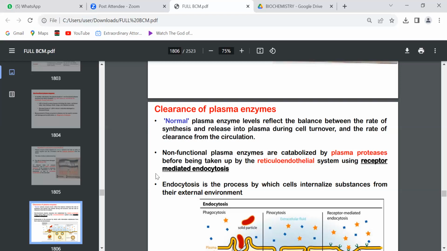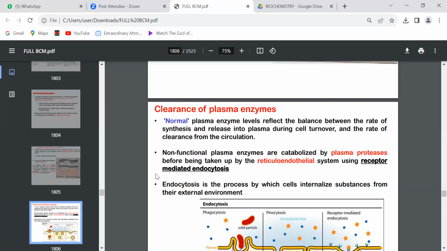For clearance, the non-functional enzymes are catabolized by plasma proteases before they are taken up by the reticuloendothelial system through receptor-mediated endocytosis. That's the reticuloendothelial system: the liver, bone marrow, those ones. So what happens when a non-functional enzyme, one that is not normally found in plasma, is now in plasma?